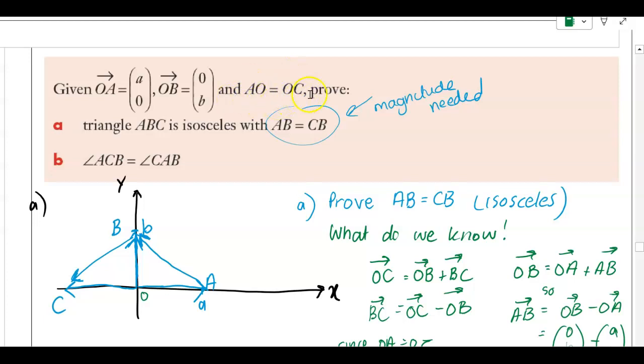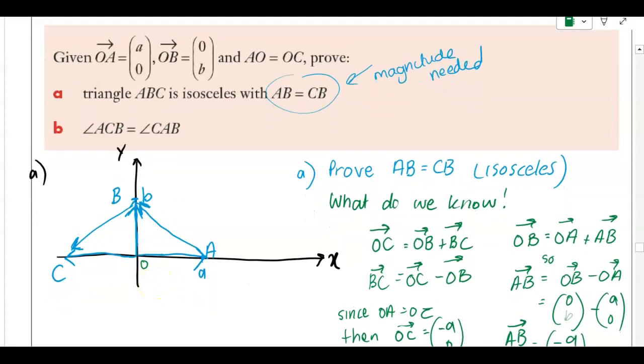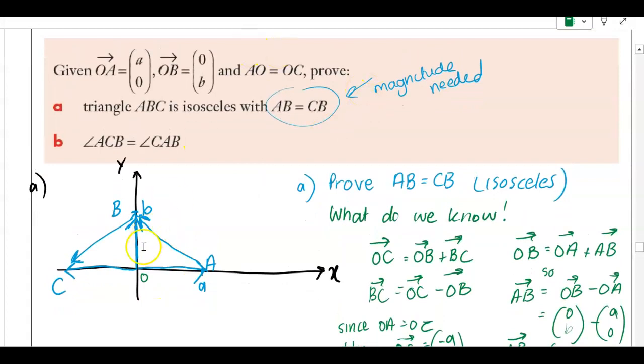Now, this was the bit when I first drew my triangle. I drew my C out here, and I thought, well, no, that doesn't give me enough information. So I rethought: what happens if AO, which is this distance here, is equal to OC?